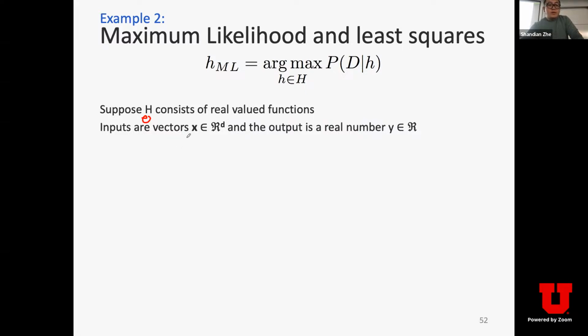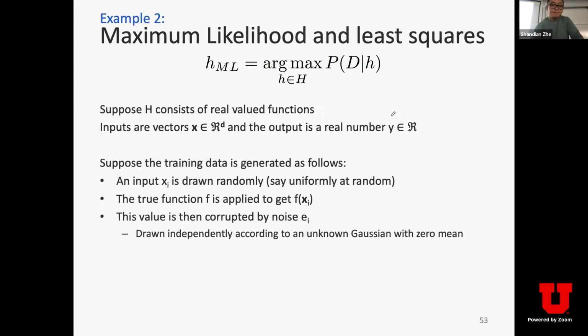The input features are d-dimensional vectors x, and the output is a real number y. This is our modeling procedure. Again, you can choose other modeling procedures, but here we want to show the most commonly used model.